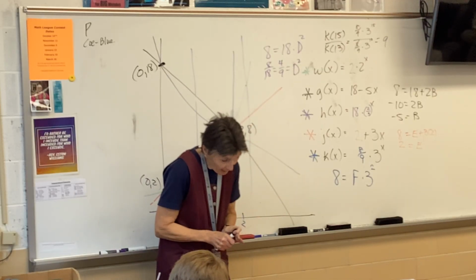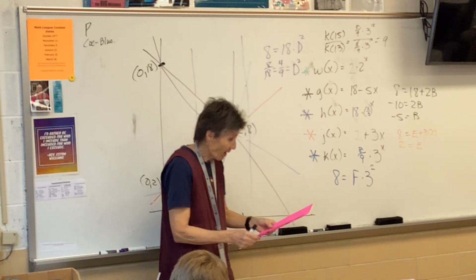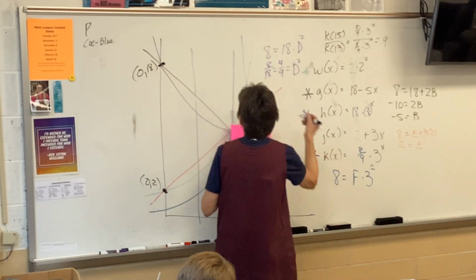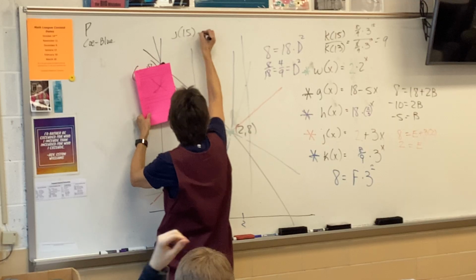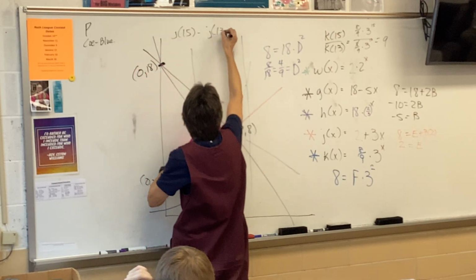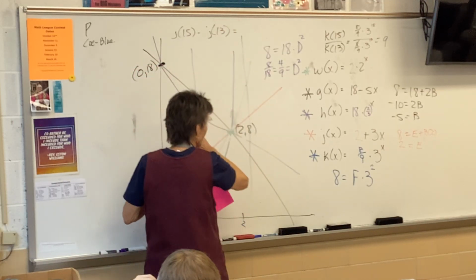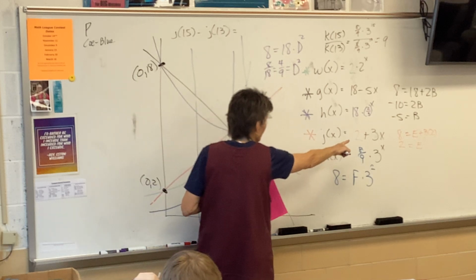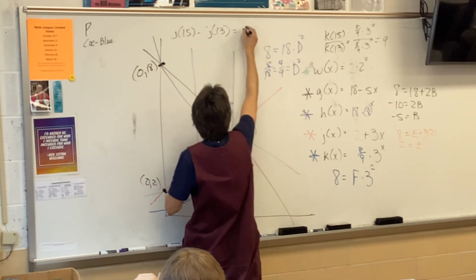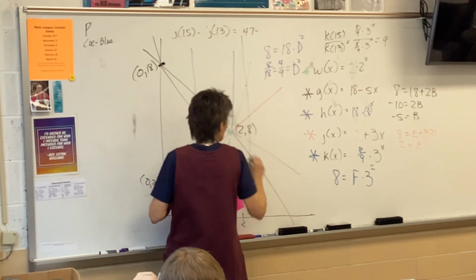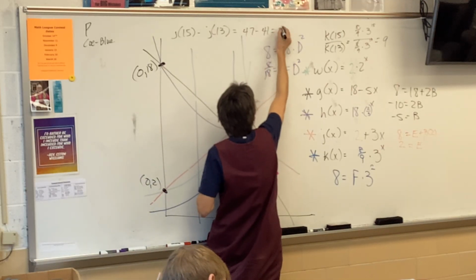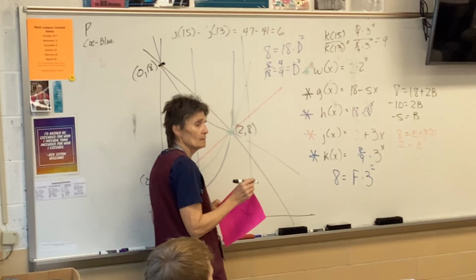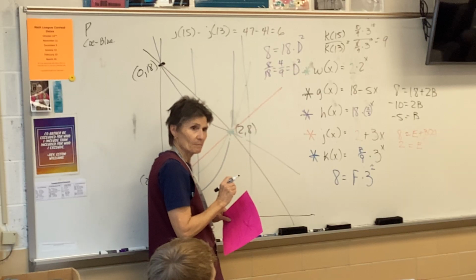All right, how about 5? It's kind of the same thing. J of 15 minus J of 13. Can we find J of 15? Yeah, that's easy. 47. And J of 13, 41. Wait a minute. Does that make sense?